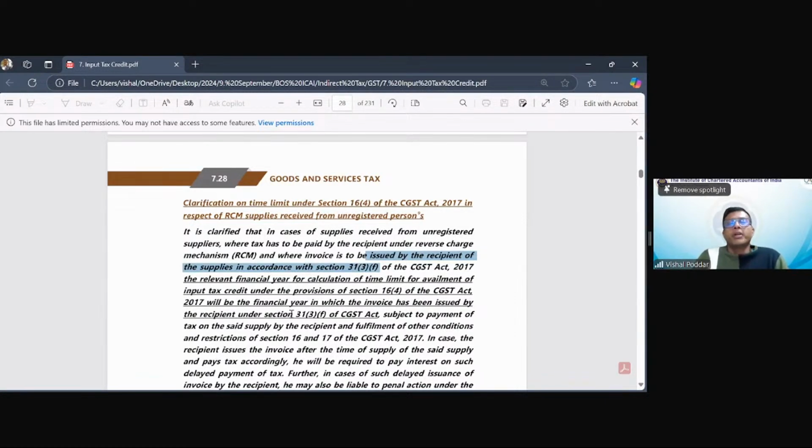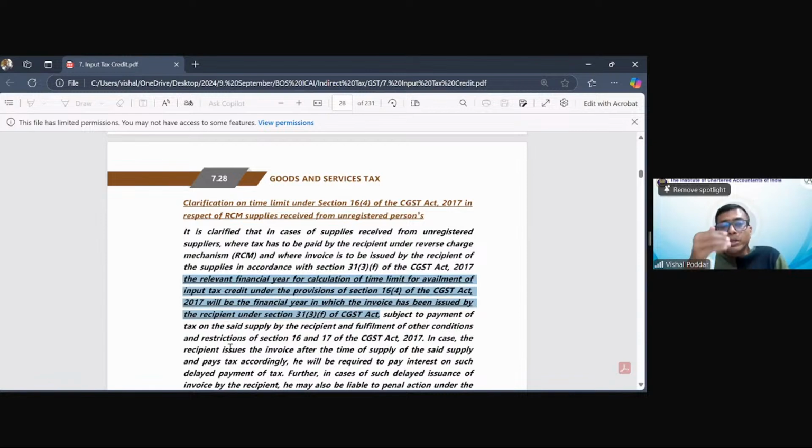Now the interesting point that they are saying is that the relevant financial year for calculating the time limit for availment of input tax credit as per this section 16.4 will be the financial year in which I have made the invoice, and not the financial year in which the expense has happened. So the expense has happened in 24-25. If I take the time limit as per 24-25, my last date for claiming the credit would be 30th of November 25.